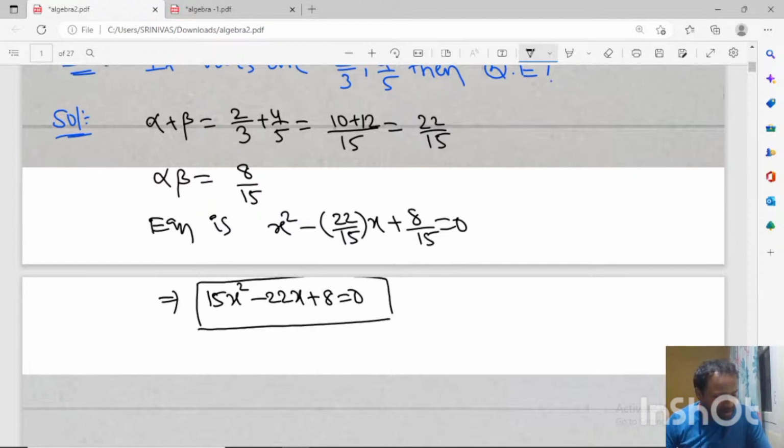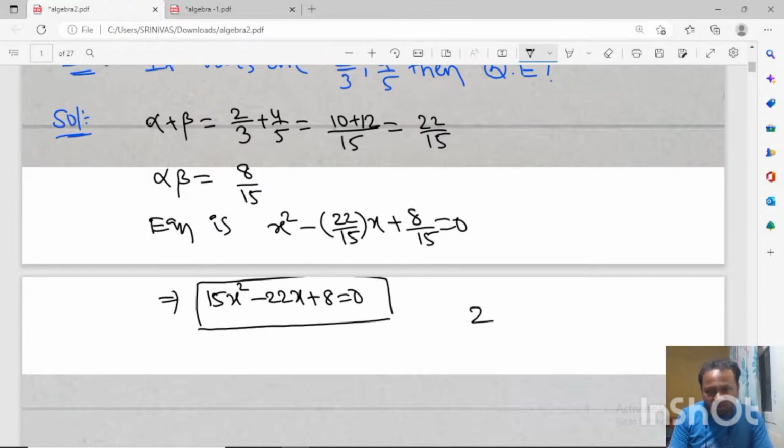Everybody said the correct answer. So here I will give one shortcut method.